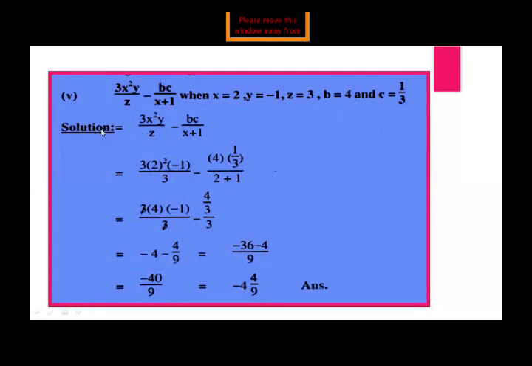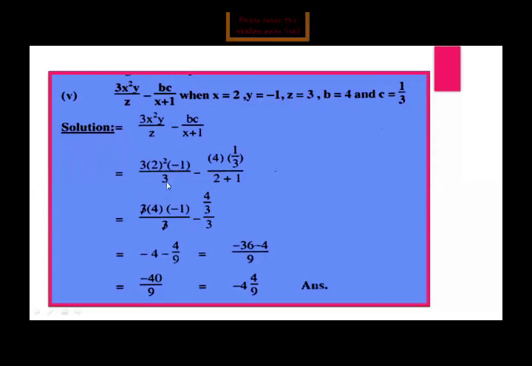We write our solution, we write the expression properly. In next step, we replace each variable by the bracket and put their respective values. Means the first bracket replaced by x, whose value is 2, the second replaced by y value, that is minus 1.